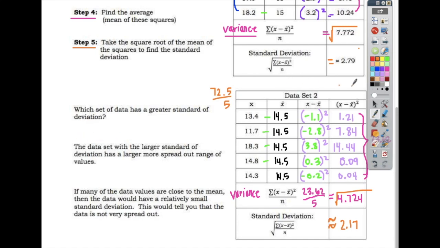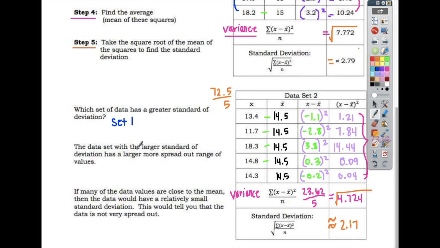So these questions over here, question 1 says, which set of data has a greater standard deviation? So we're just going to compare. Top one was 2.79, the bottom one was 2.17. So set 1 has a greater standard deviation.